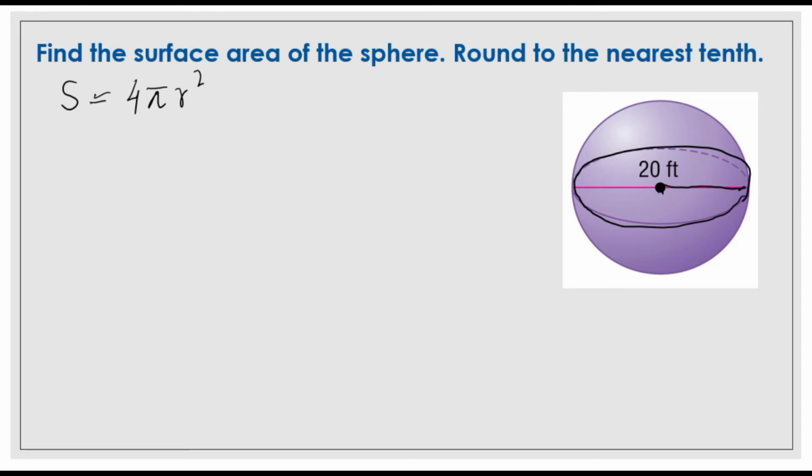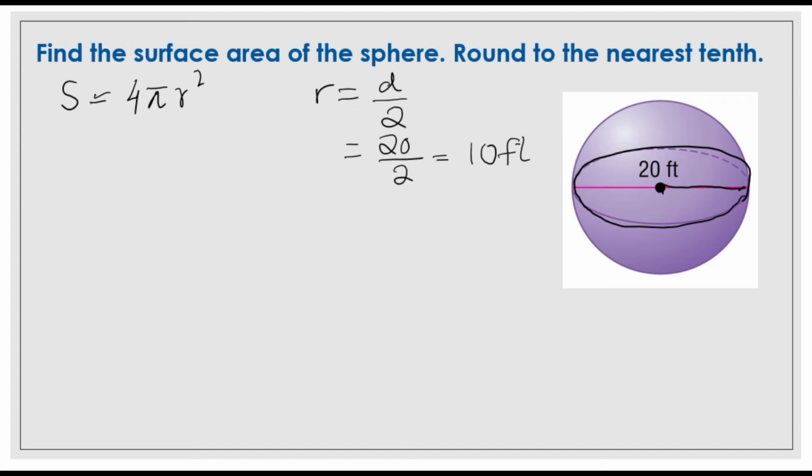We need only the radius of the sphere. When the diameter is given, the radius is d over 2. So the radius will be 20 divided by 2, which is 10 feet.